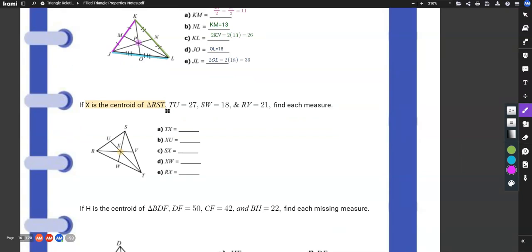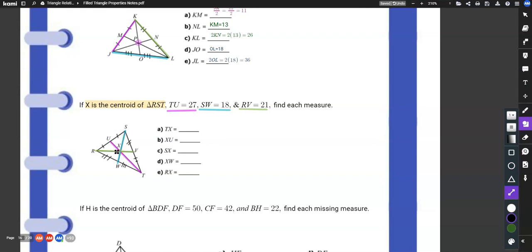So again, we have TU, which is 27. And then we have SW, which is another one of our medians. So vertex S to midpoint W. And finally, we have RV, which is 21. And again, it tells us that it's the centroid. So again, it would be a good idea to mark our congruent tick marks.